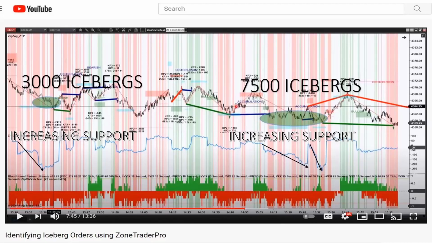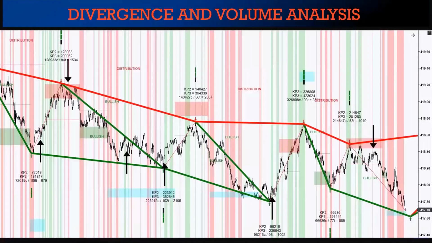If you just compare it to this move up right here, the ratio on the sell side was 34 contracts per tick. So we can use these ratios, and they can be relative to each other to analyze this volume.